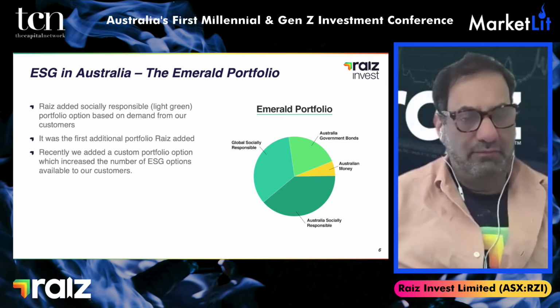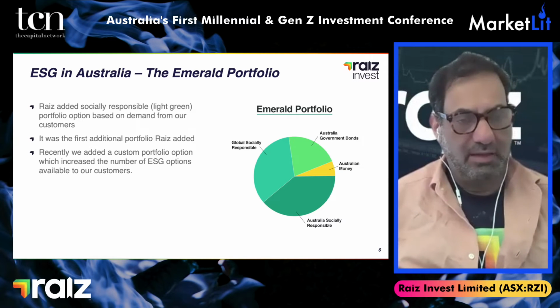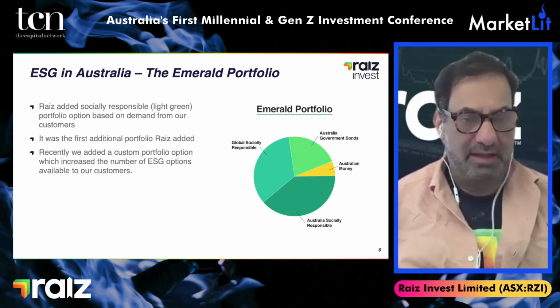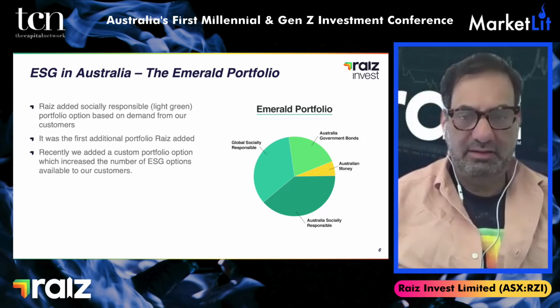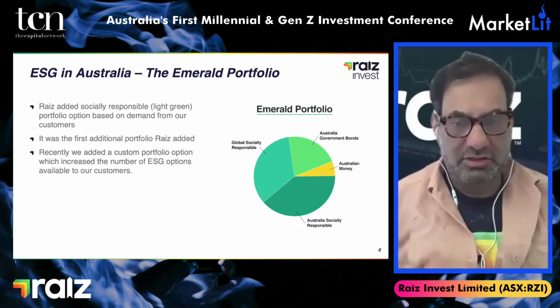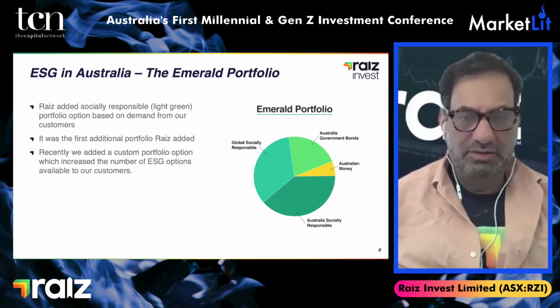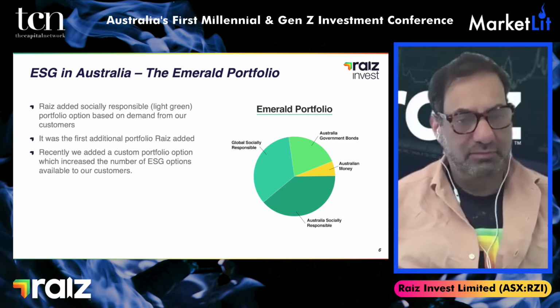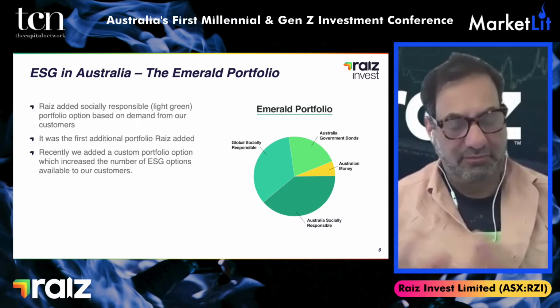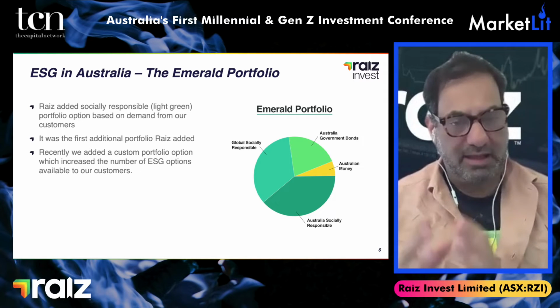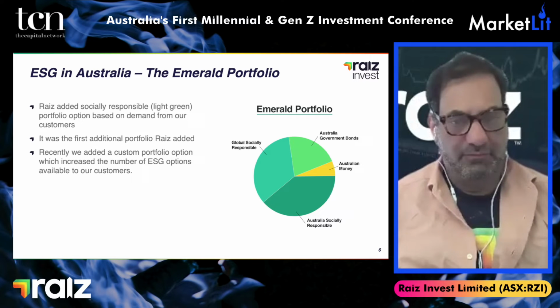One of the first additions to the Raiz product after it came out in 2016 was the Emerald portfolio, which is an ESG portfolio, and it was driven by our customer feedback, our customer demand for an ESG portfolio in the product.